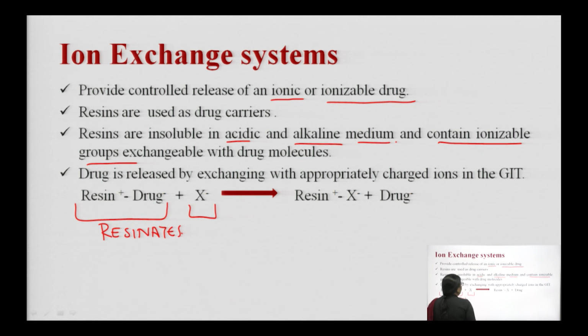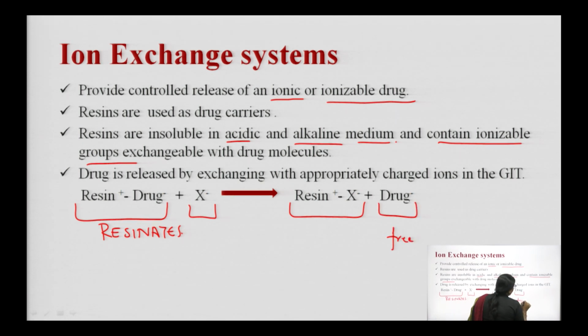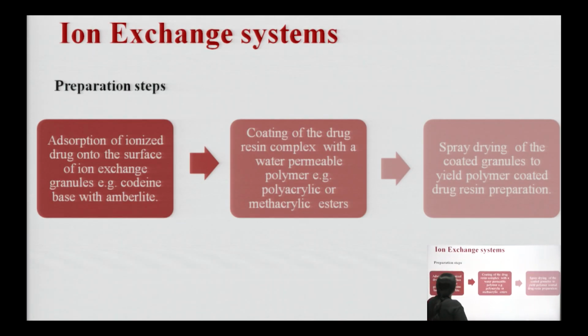This is the ion present in the GIT, and this can be exchanged for negatively charged drug particles, so that this ion gets linked up with resin in exchange of the drug, and we get the free drug here. So, this is the point of exchange. The drug is being released and this ion is being replaced. So, these are the ion exchange resin systems.